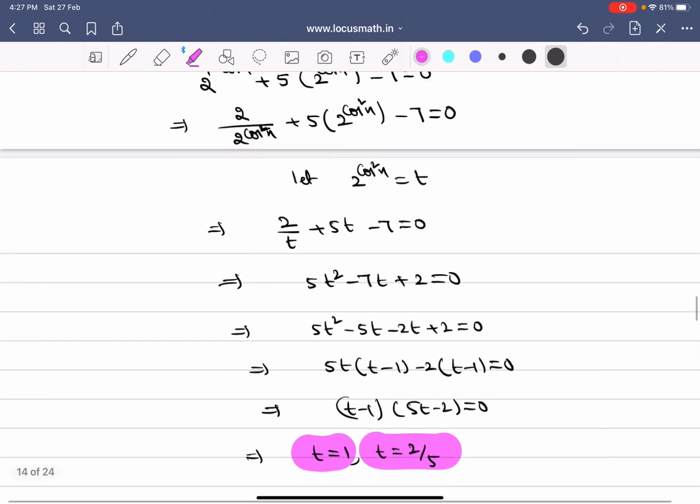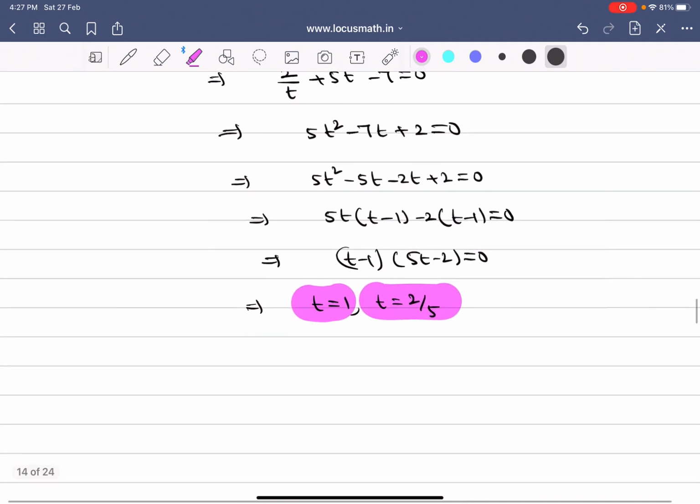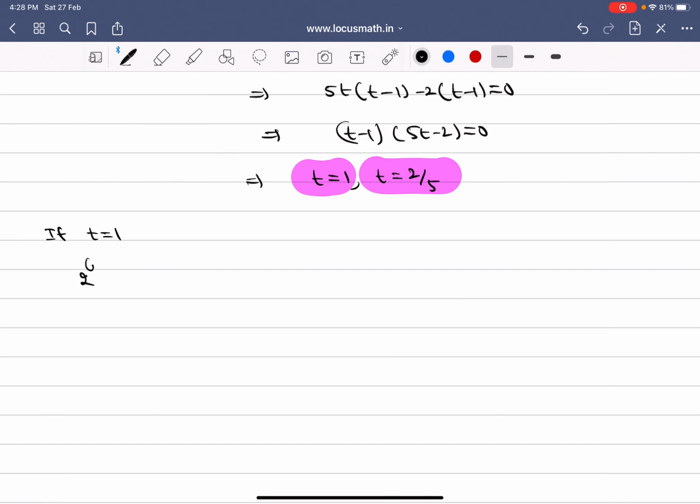So what is t here? We consider t as 2 power cos square x. Therefore, if t is equal to 1, that is 2 power cos square x is equal to 1, then 2 power cos square x is equal to 2 power 0.